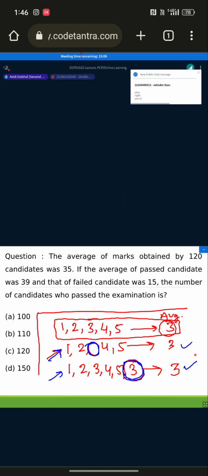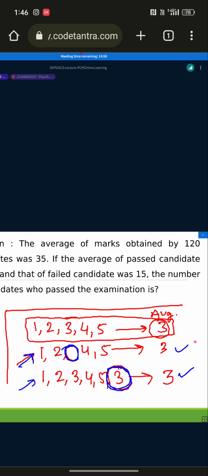Okay. If any average value is included or excluded from the group, there is no effect in the average. Clear? तो 2 points हमने क्या क्या सीखे?